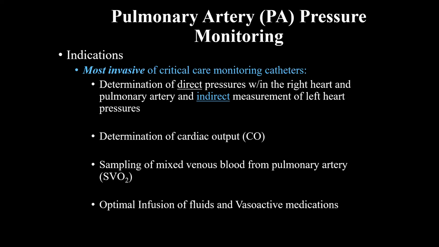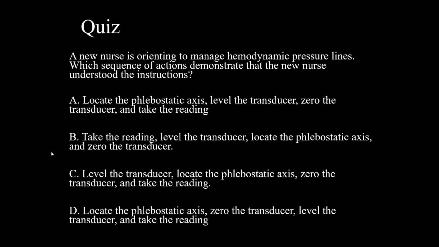This was for the first one that we did. A little bit louder, I'm sorry, I can't hear you. I said this is for the first one that we did that I have a question on. I had chosen D. So why couldn't you zero it before? You want to be at the right spot.